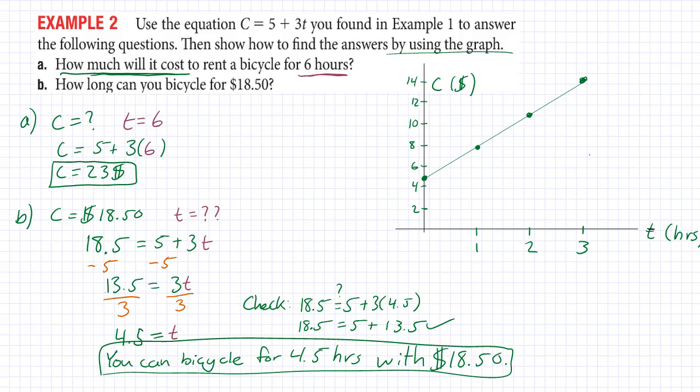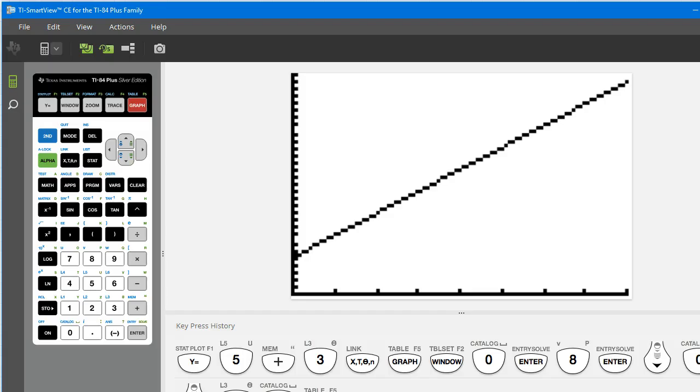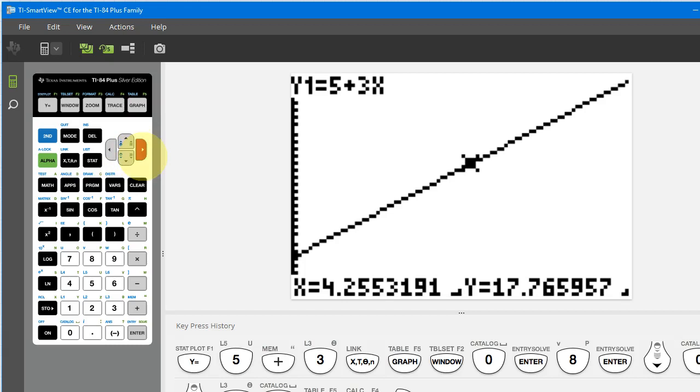So that means we want to see what is c when t equals 6, or in other words, what is y equal to when x equals 6. And one way you can do that is to get kind of close by just pressing the trace button here. You can press the arrows after you press the trace button, and this will give you some points.